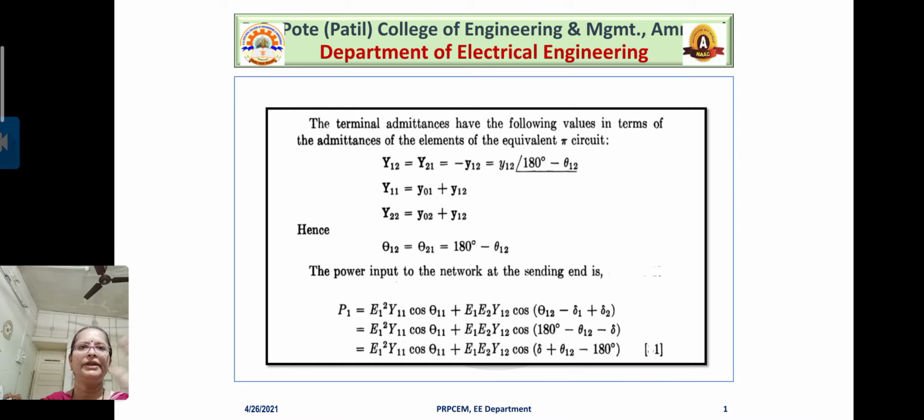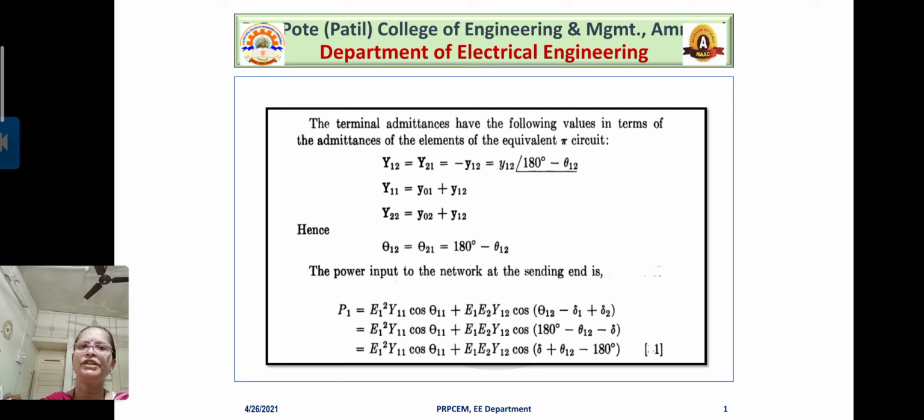The terminal admittances have the following values in terms of the admittances of the elements of the equivalent pi. Just note all these values. Y12 equals Y21, given as minus y12, or y12 at an angle of 180 degrees minus theta 12.